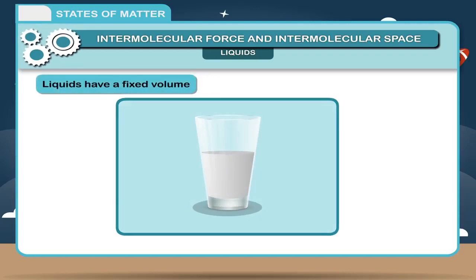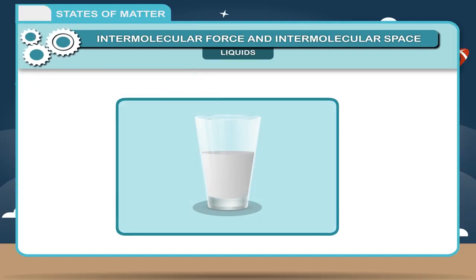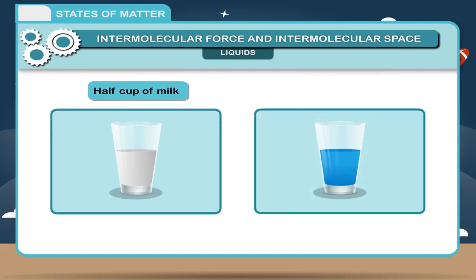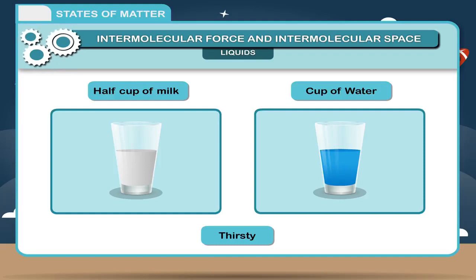2. Liquids have a fixed volume. When we say half cup of milk, we have an idea as to how much space will be occupied by it. Similarly, if you are thirsty, you know how much water you can consume because we have a general idea of the volume of liquids.